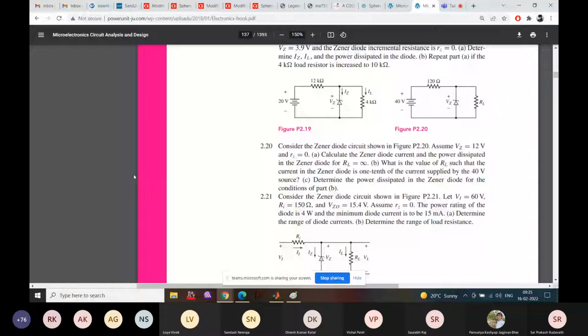Yes. Okay. What's the power you're getting? How much power is flowing? Sir, 2.8 watt. Okay.